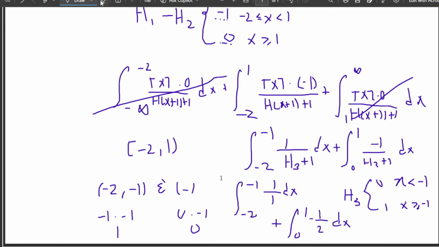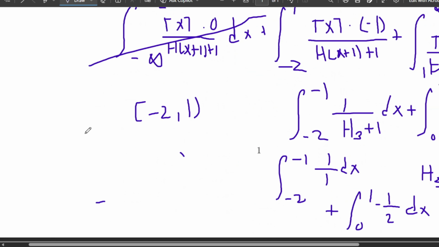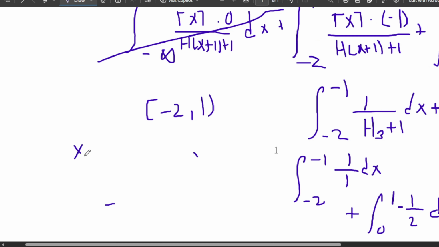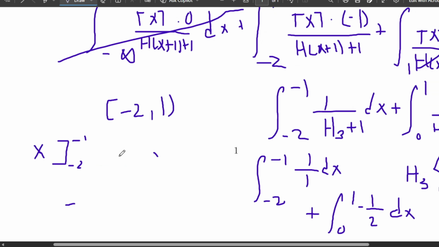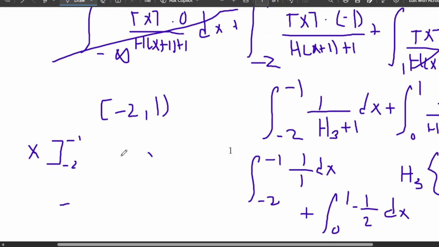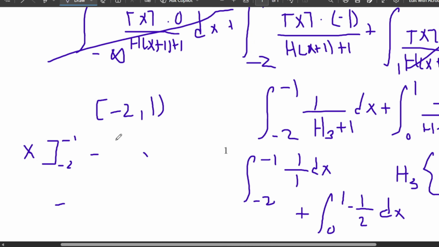Solving the integral would land us with x between negative 2 and negative 1, and then minus a half x from 0 to 1.